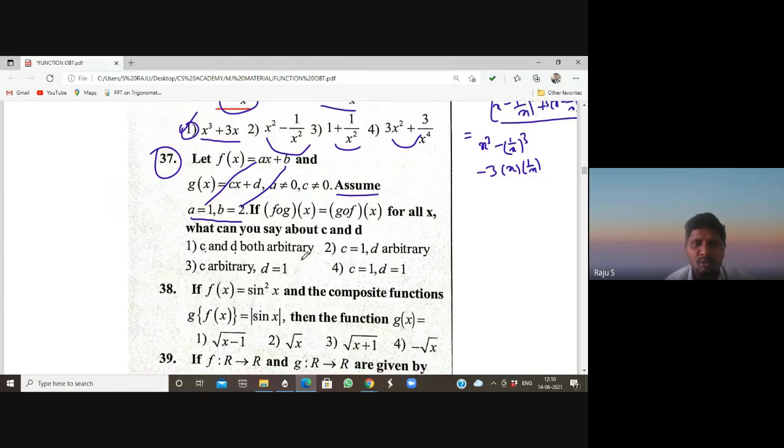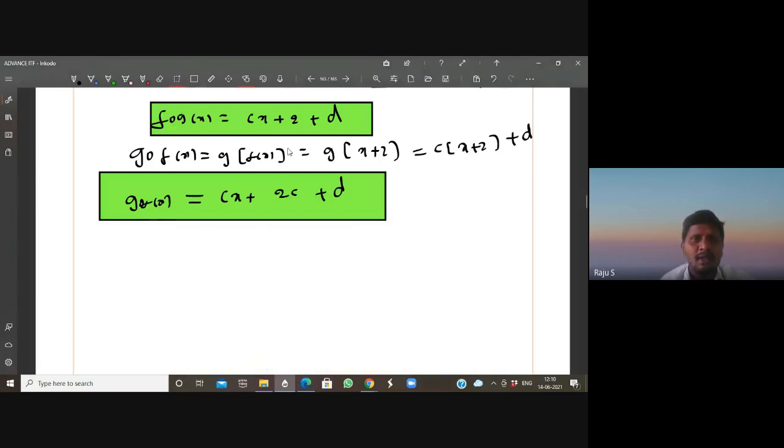C and D both will be arbitrary. What does it mean that both will be arbitrary? It means you can take any C and D, any real number for C and D, and both the equations are equal.